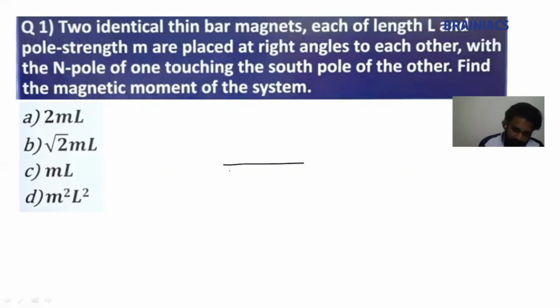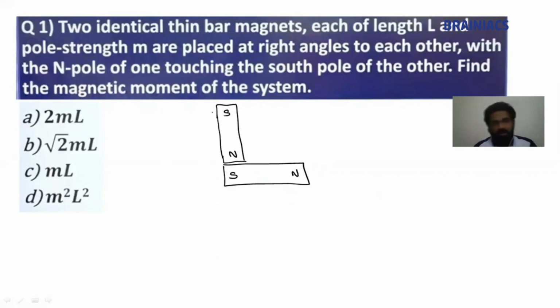Suppose we consider a magnet like this, and another magnet is kept at a right angle with its north pole touching the south pole of the first. This is the north pole and this is the south pole of the respective magnets. Find the resultant magnetic moment.